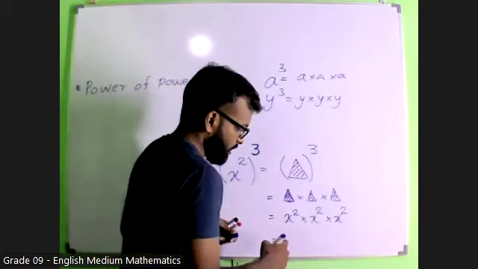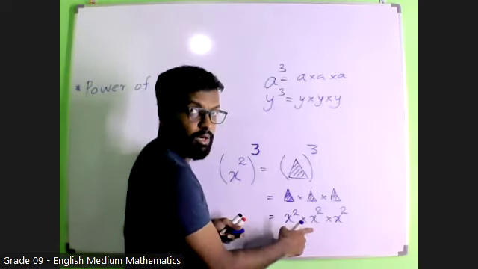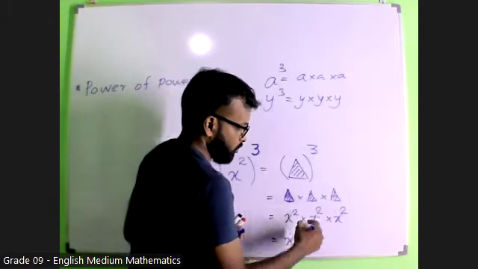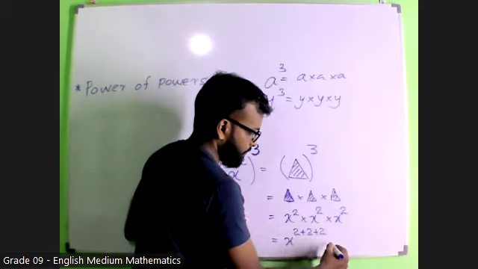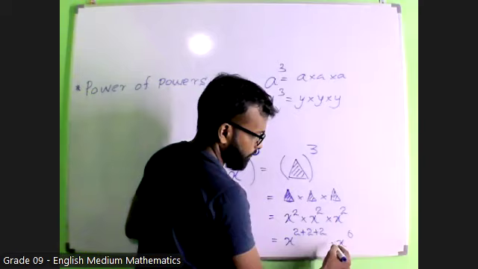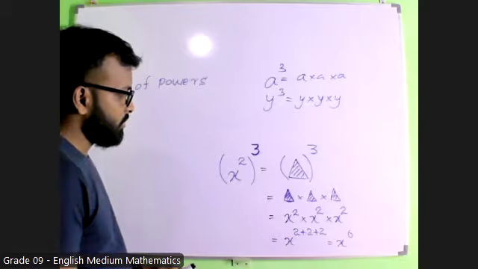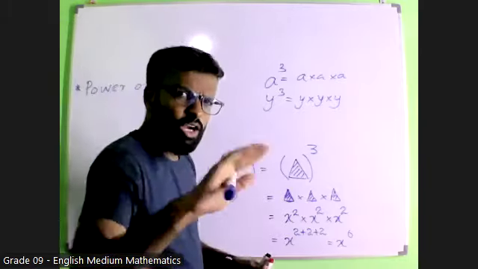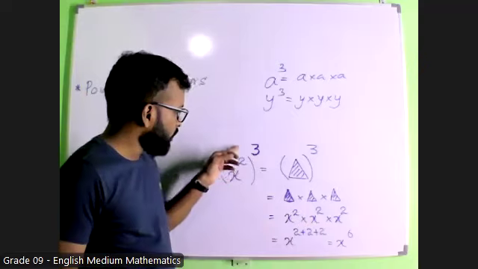The answer is x to the power 6. Right? X to the power 6. So now, basically, one time you can finish this. 2 times 3 is 6.